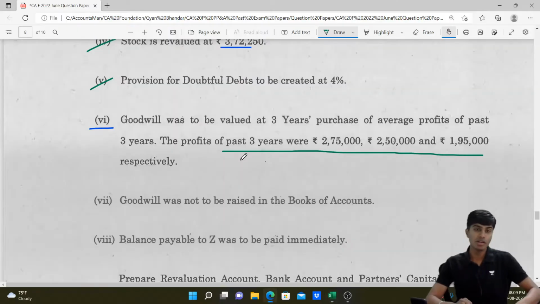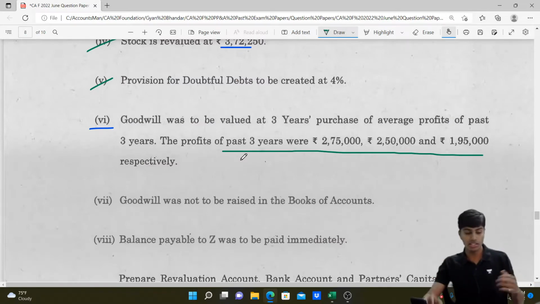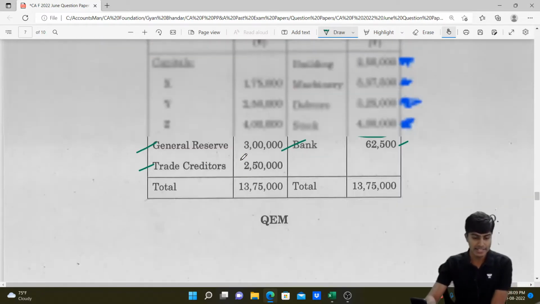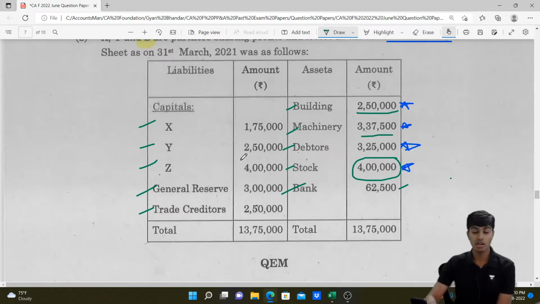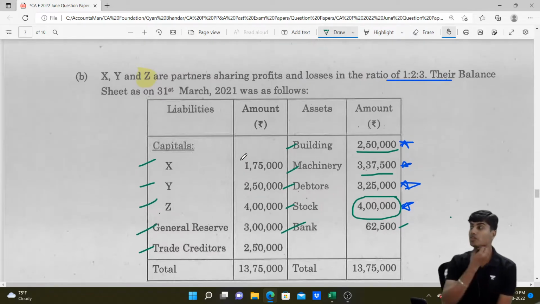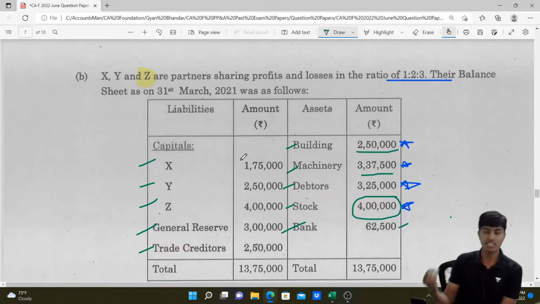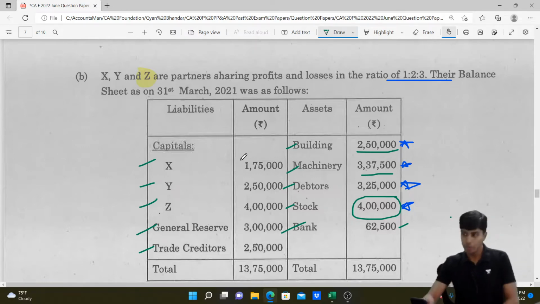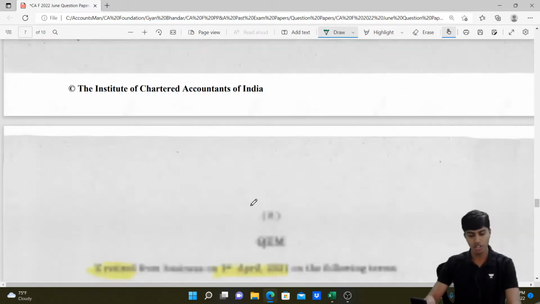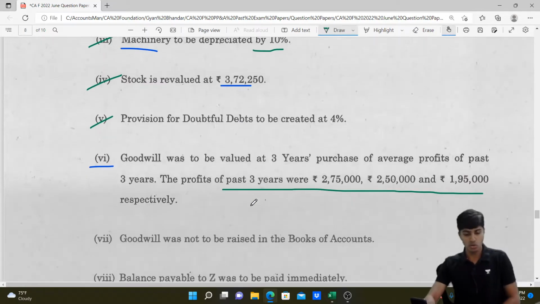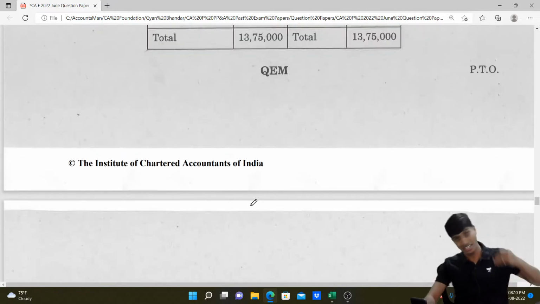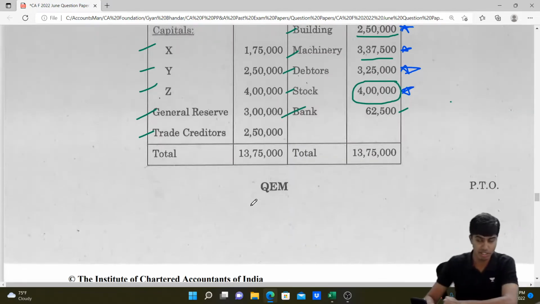And this goodwill is earned by all the three partners X, Y, and Z together with great hard work. Now Z is retiring, so we need to give Z his share. When Z takes his share, it is 3 by 6. It has to be compensated by X and Y in the ratio 1:2. Because there is no other information about ratios in the question, we are assuming that old partners X and Y, who are continuing to be partners after Z's retirement, will continue to earn in the same ratio.